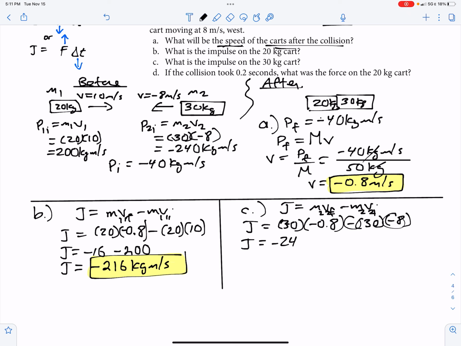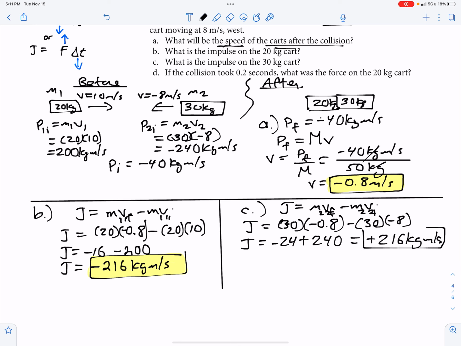Minus a minus is a plus. 30 times 8 is 240. Add those together and we get positive 216 kilogram meters per second.